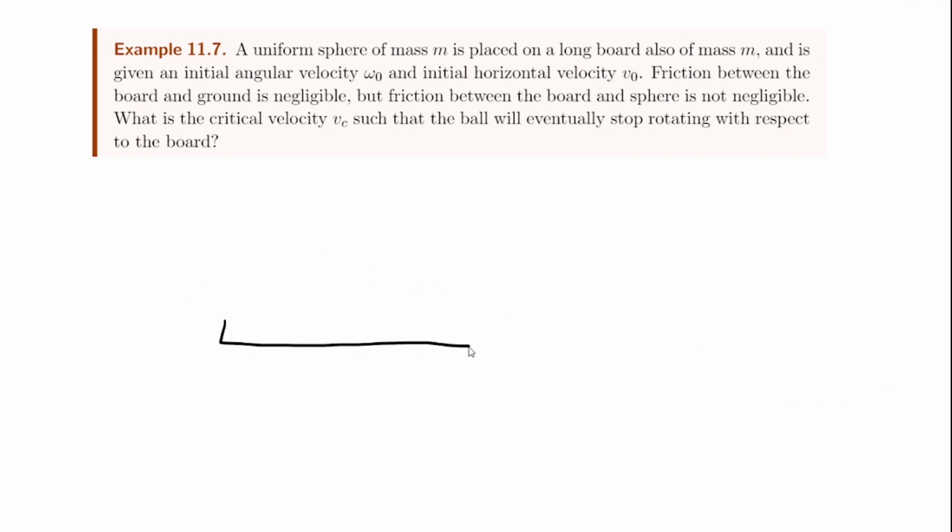If we have the board here and the sphere here, then the only force on the sphere besides the normal force is the friction force. It doesn't necessarily point backwards, but at least it points opposite the direction that it points on the board. And say the sphere has initial velocity v naught and initial angular velocity omega.